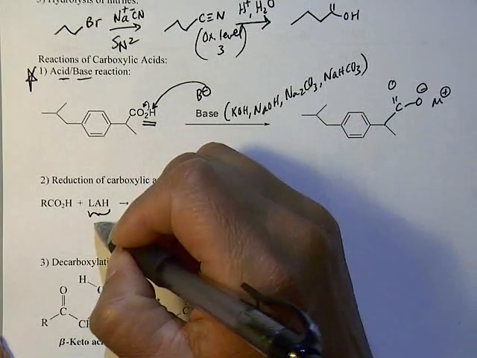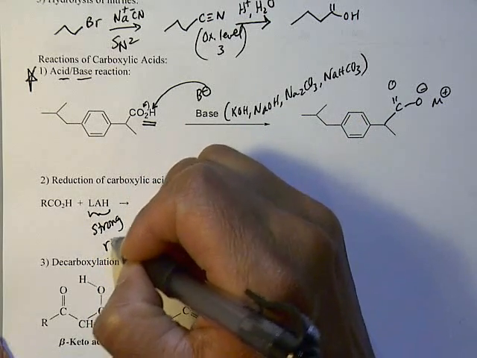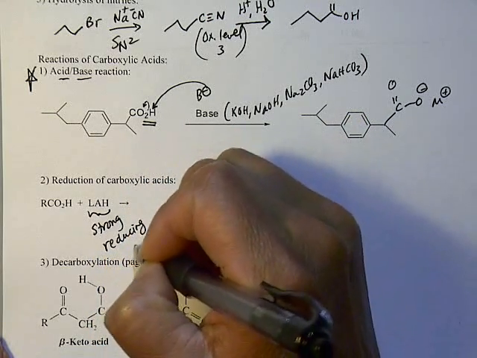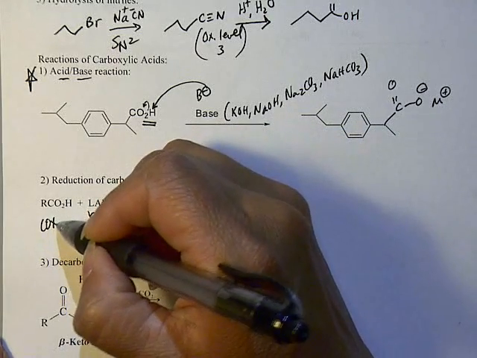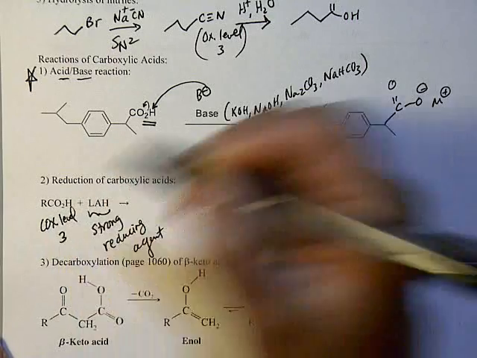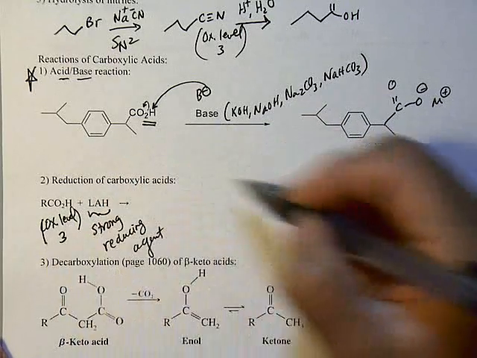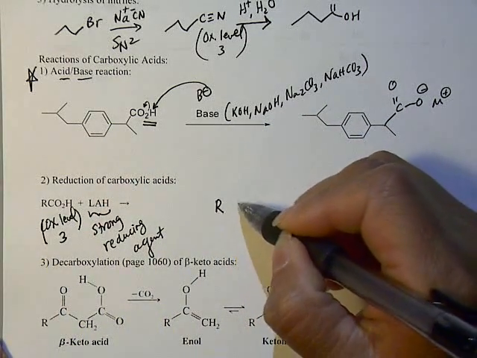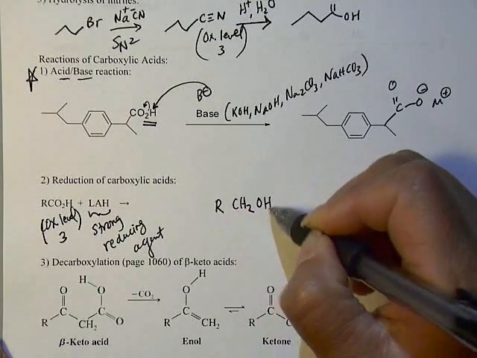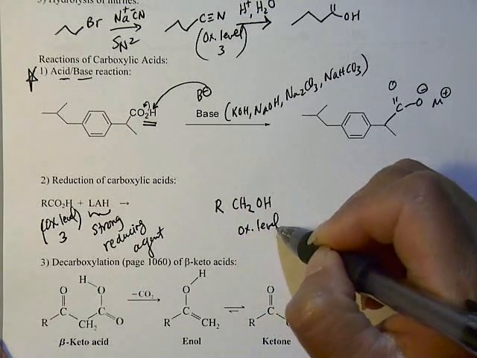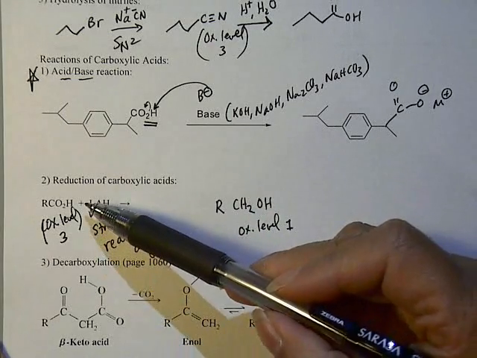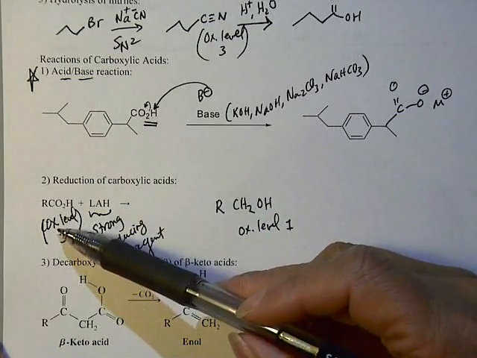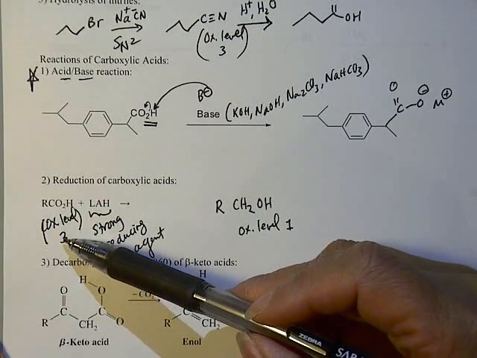We have to use a strong reducing agent in order to go from oxidation level 3 to oxidation level 1. Sodium borohydride is not strong enough to reduce an oxidation level 3 compound, so it can't go from 3 to 2.